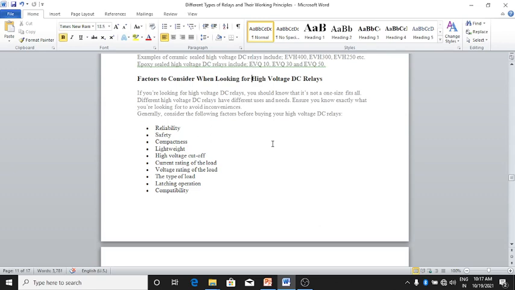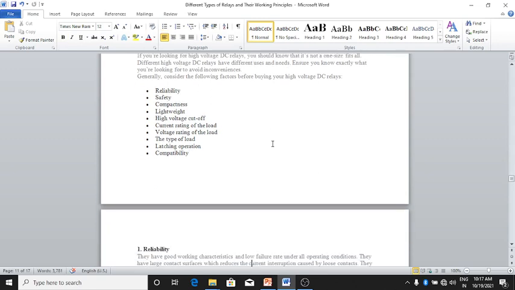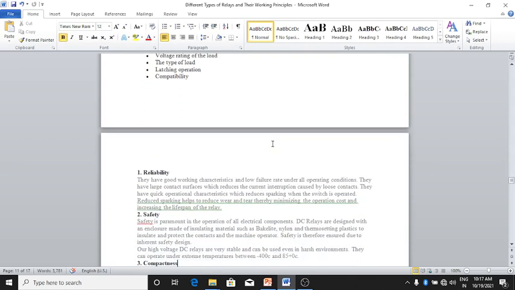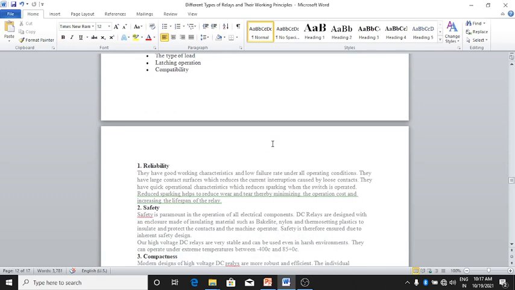We see these factors one by one. One is reliability. They have good working characteristics and low failure under all operating conditions. They have a very large contact surface which reduces the current interruption caused by lost contact.